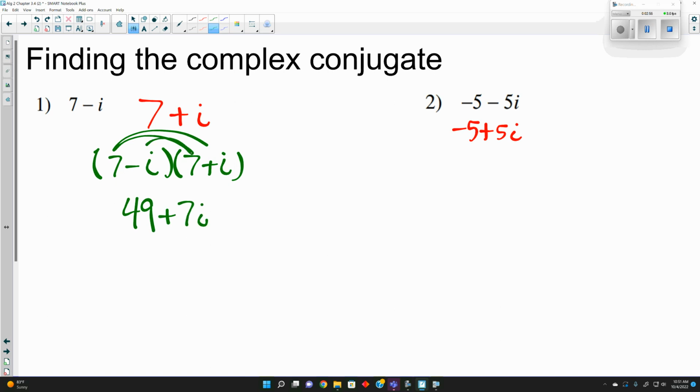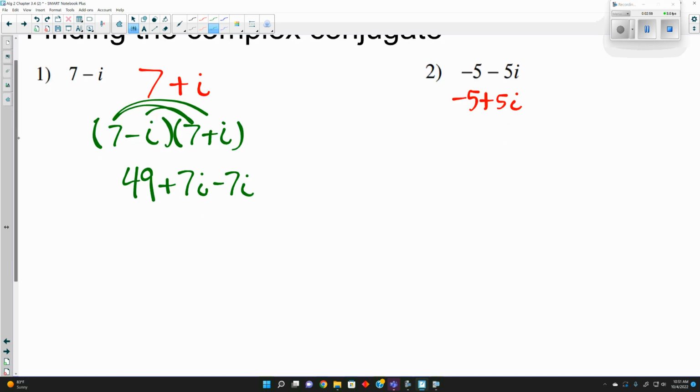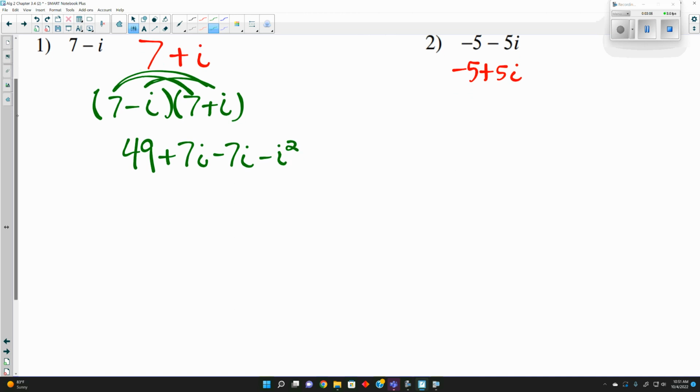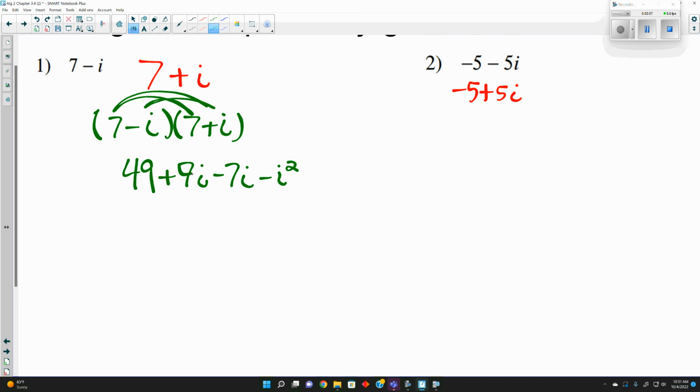Negative i times 7 is negative 7i. And negative i times i is negative i squared. What is 7i minus 7i? 0. They cancel each other out.